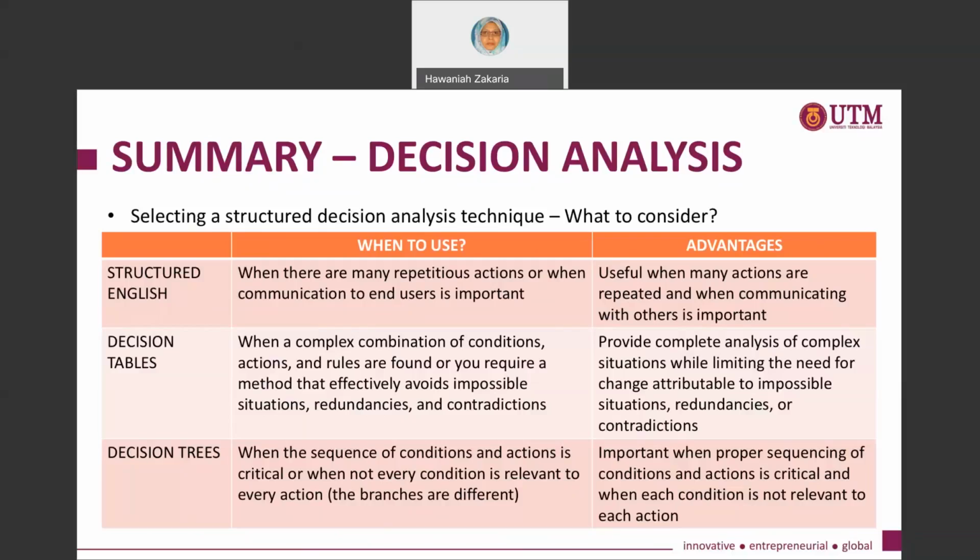The third method, decision tree, is used when the sequence of conditions and actions is critical, and when not every condition is relevant to every action. Then you produce various different branches. So it's important when proper sequencing of these conditions and actions is critical.